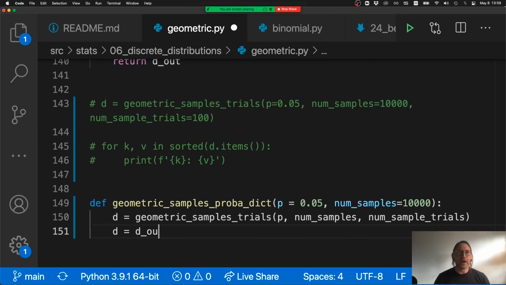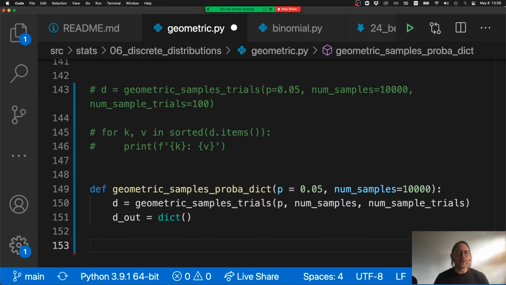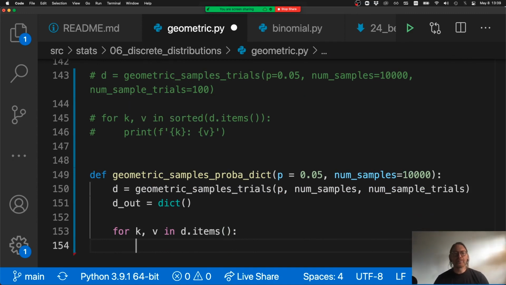So I'll just call it dout, and that'll be a dictionary. And I'll say for key, value in d.items. And all we have to do in this case, I need number of sample trials as well.